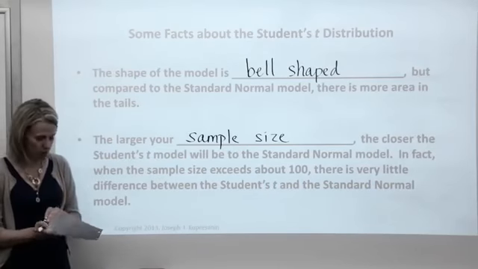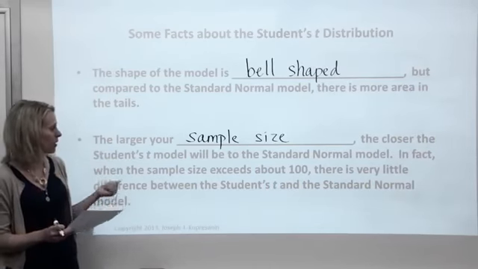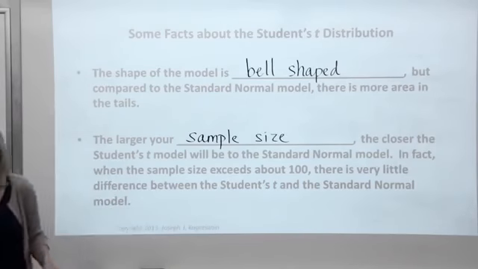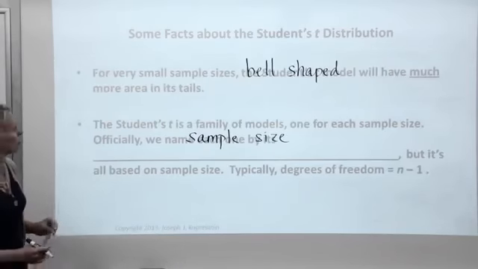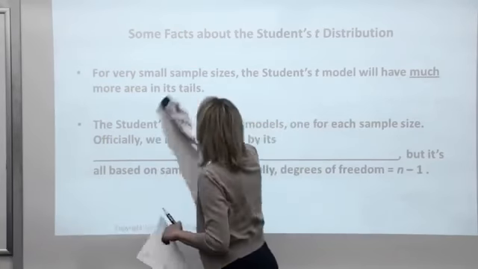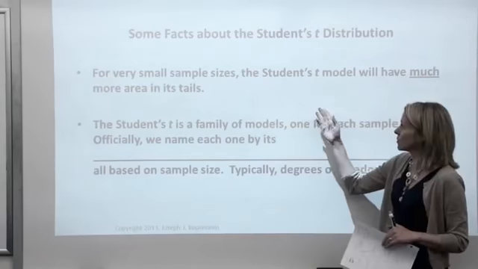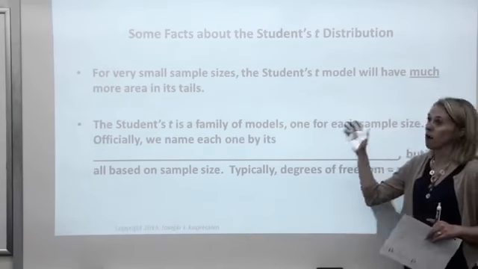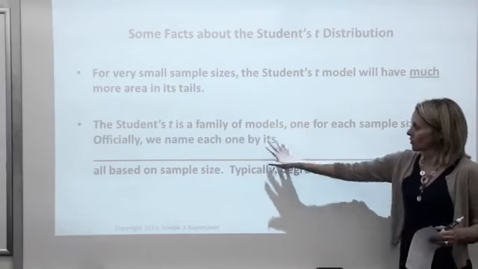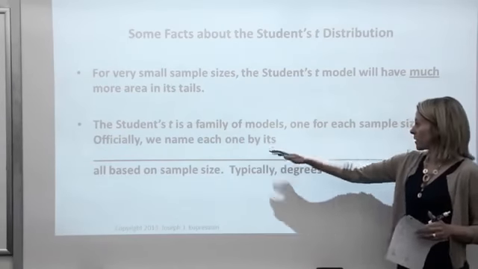With the standard normal model, there's a single standard normal model, but it turns out for student T, there's an infinite number of different student T distributions. So for very small sample sizes, the student T's model will have a lot more area in the tails, much more area in the tails. The student T is a family of models.